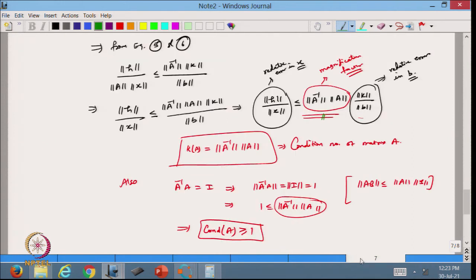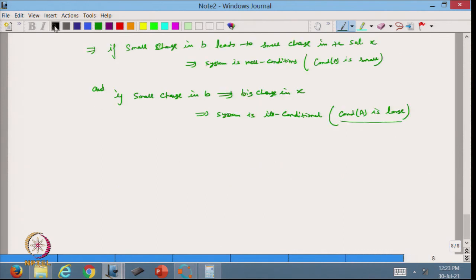Now, once I get this condition number, from here we can write the relative change.